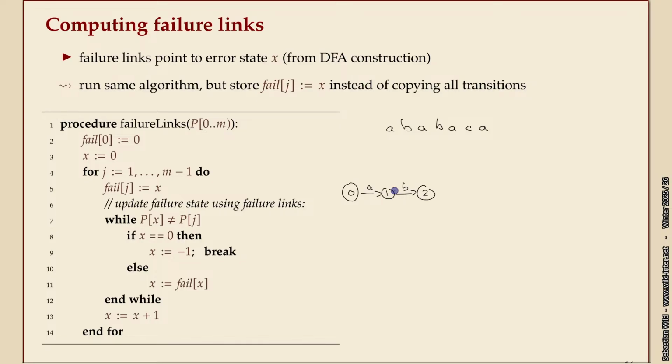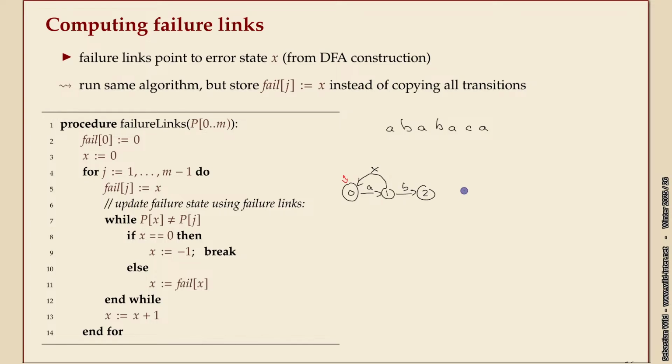So the failure link for 1, I'm starting with nothing. So I have A that I've read. If I chop off the first character, that's nothing. So that's staying in state 0. So my X, I'm marking that again here, is state 0. And the failure link for 1 goes back to 0. And that's not an X, that's a cross. I can't really draw this better, I think.